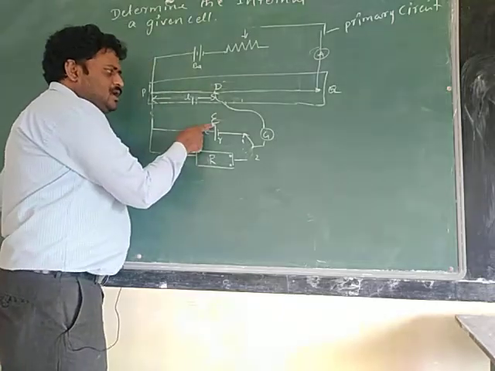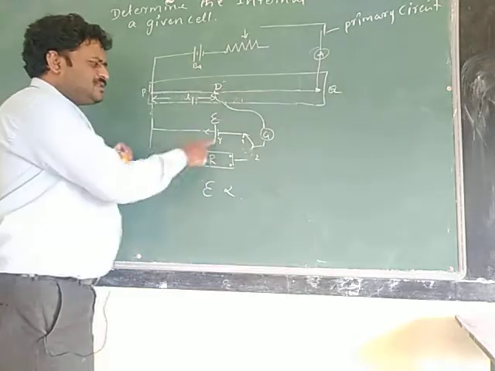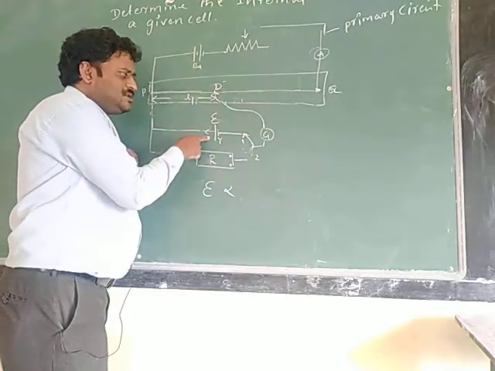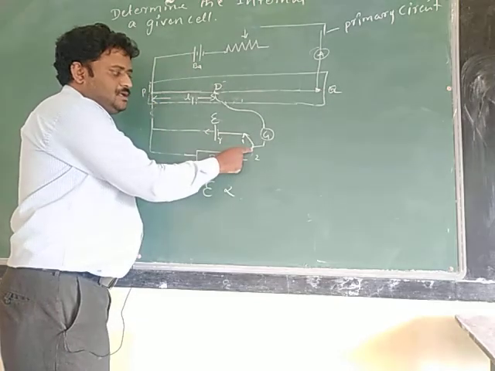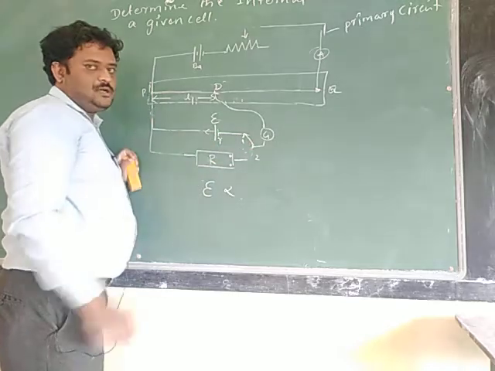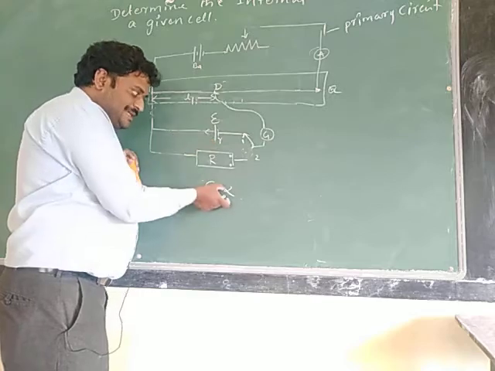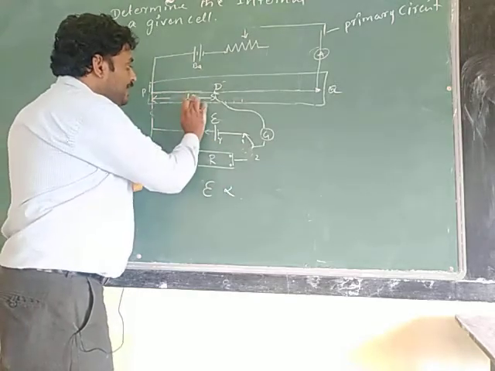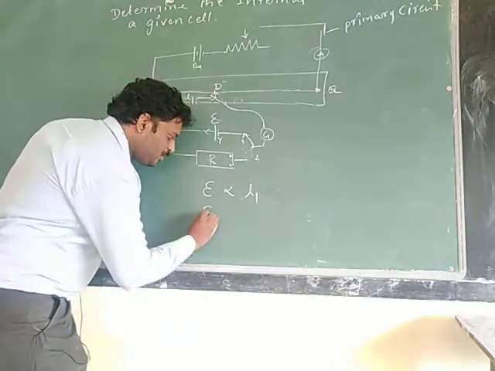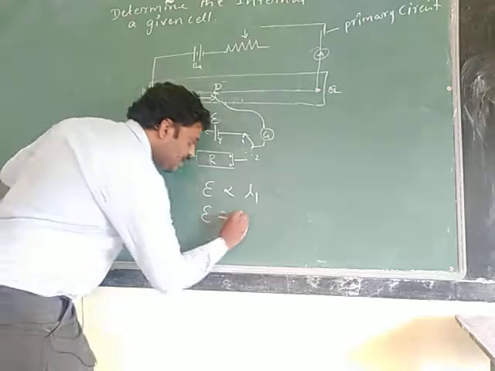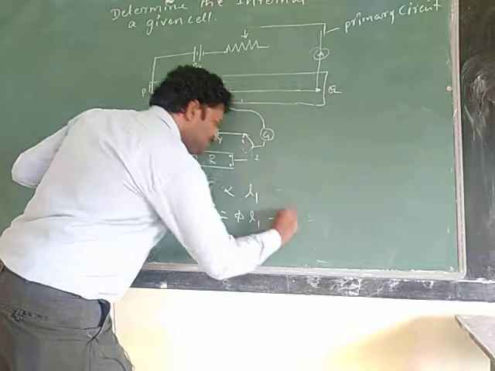Here its EMF will be E, because in the secondary circuit there is only one cell. So E is directly proportional to L1, and removing the proportional sign, E = phi L1. I will take it as equation 1.